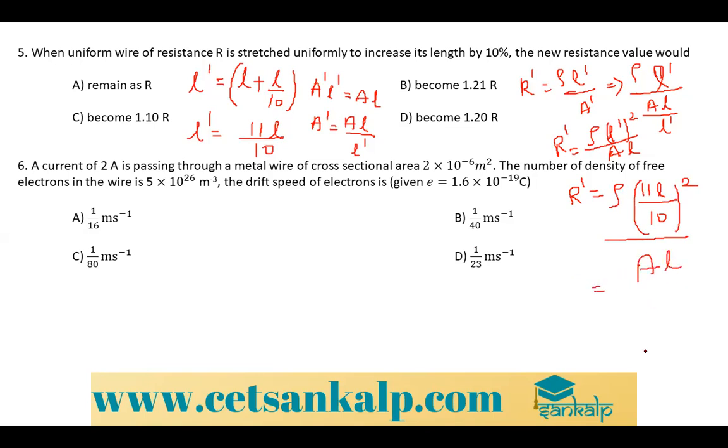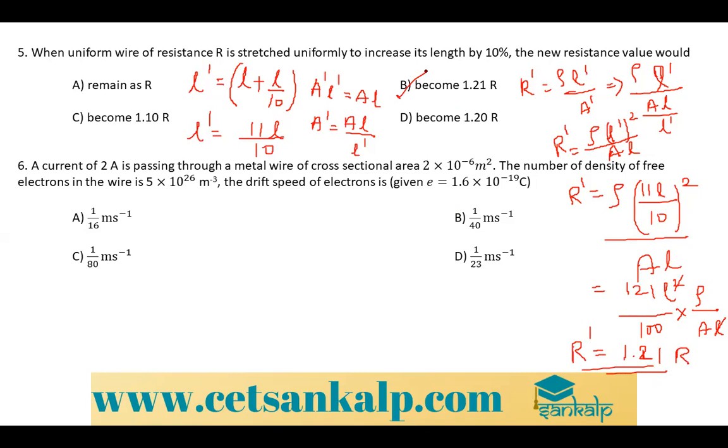So 11 into 11 is 121 L square divided by 100, into rho divided by A into L. So L square and L, one L cancelled. 121 divided by 100 is 1.21. 1.21 into rho L by A is nothing but R. So R dash is equal to 1.21 R. So option B is the right answer.